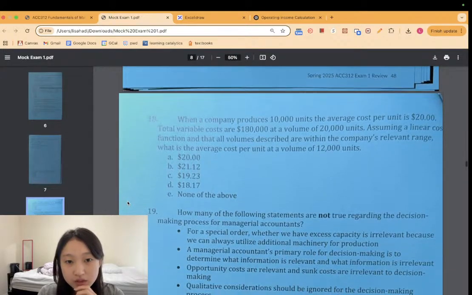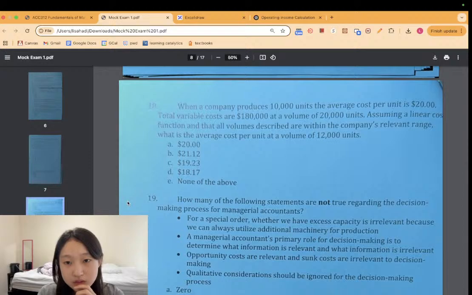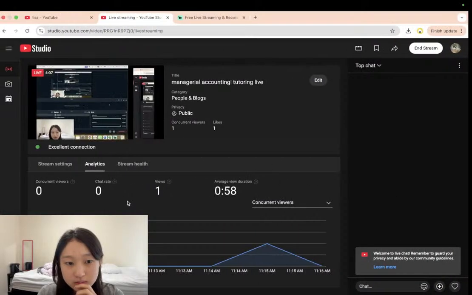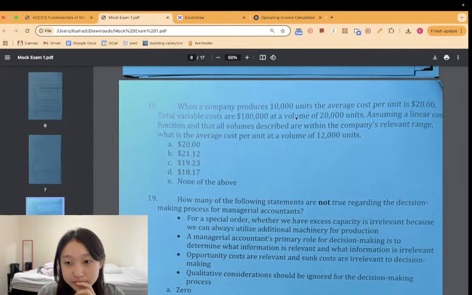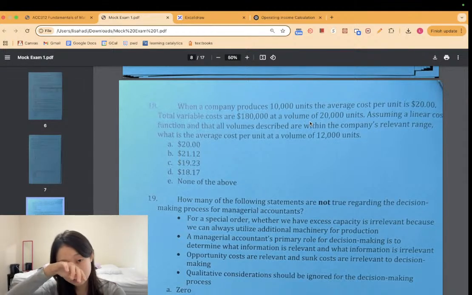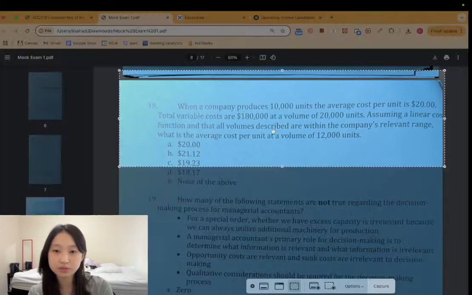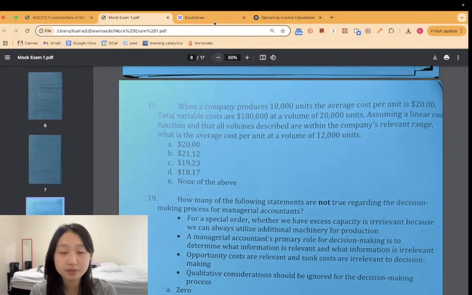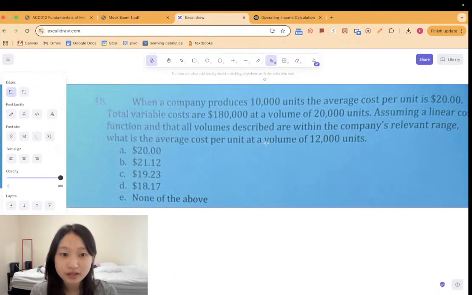And then here we have another question. When a company produces 10,000 units, the average cost per unit is $20 and total variable cost. So we need to find the average cost per unit at a volume of 12,000 units. So let's copy this over and solve this out.